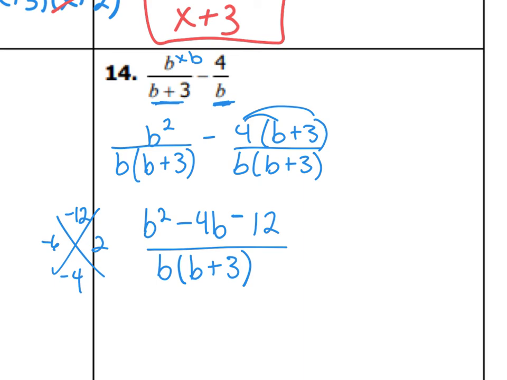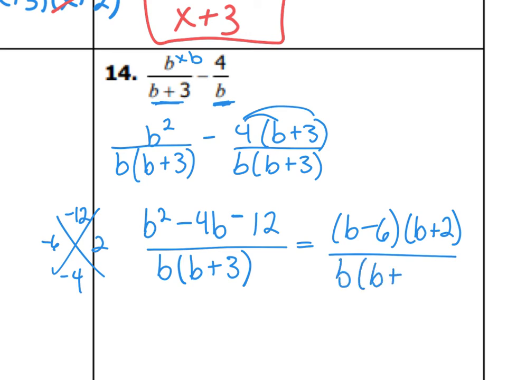If we look now, we've got b minus 6 and b plus 2, right? Over b times b plus 3.